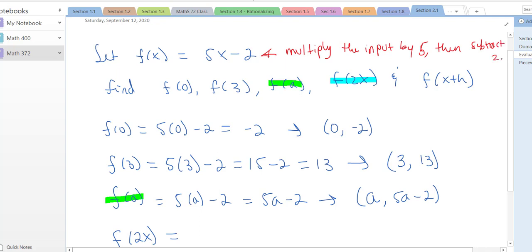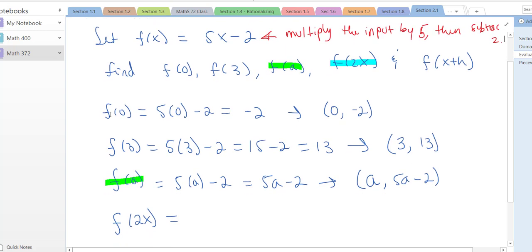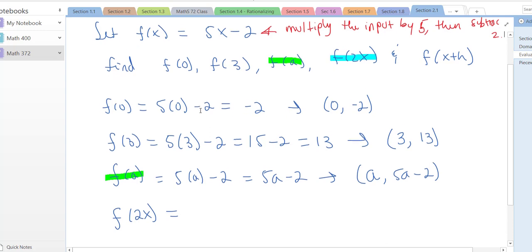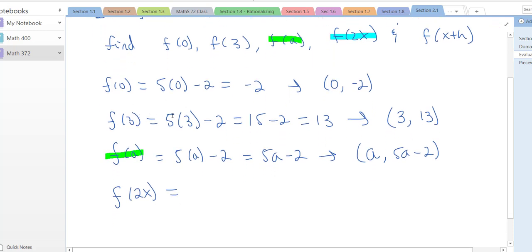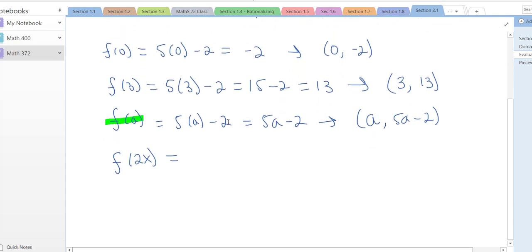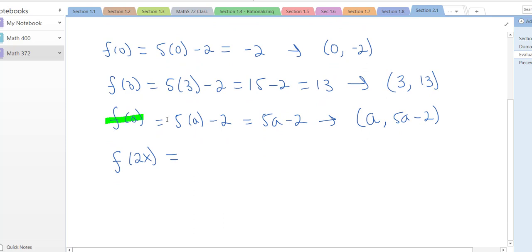So if you say it in words, this function is taking the input, multiplying it by 5, and then subtracting 2, then it doesn't matter what you have inside. My input is 0, so I'm going to multiply it by 5 and subtract 2. My input is 3, I'm going to multiply it by 5 and subtract 2. My input is a, I'm going to multiply it by 5 and subtract 2.